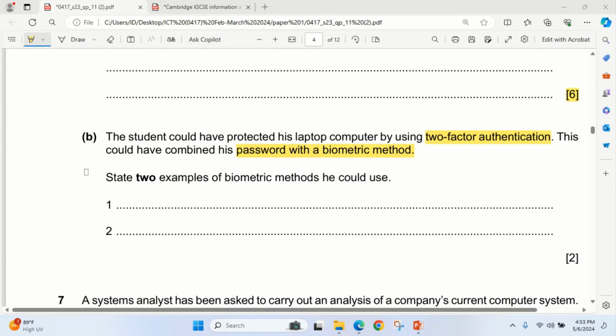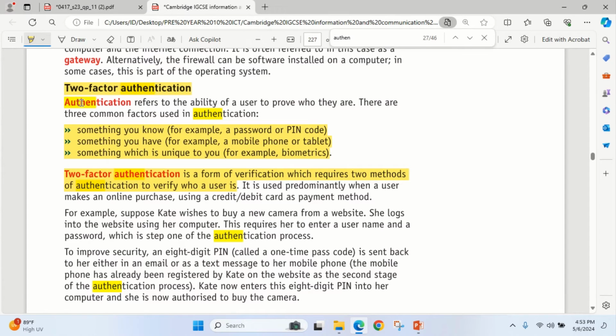You may want to know what multi-factor or two-factor authentication is. So let me show you that. Authentication refers to the ability of a user to prove who they are. So we have something like a password, something you have, like a confirmation on your mobile phone, or something which is unique to you, for example, biometrics.